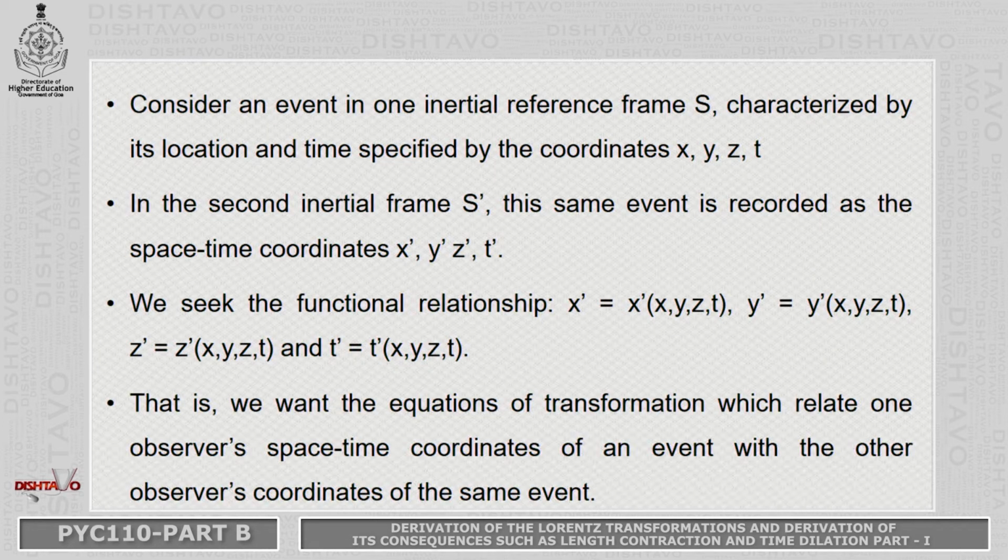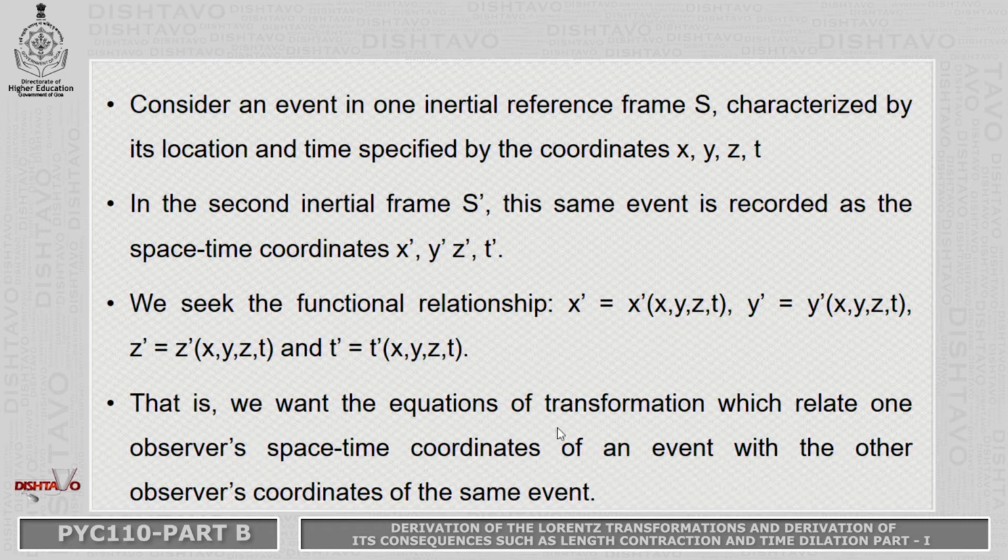Consider an event in one inertial frame S characterized by its location and time specified by the coordinates x, y, z, t. In the second inertial frame, the same event is recorded by the space-time coordinates x dash, y dash, z dash, t dash. Now, we seek the functional relationship between x dash, y dash, z dash, t dash and x, y, z, t.